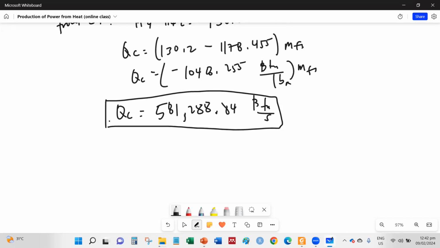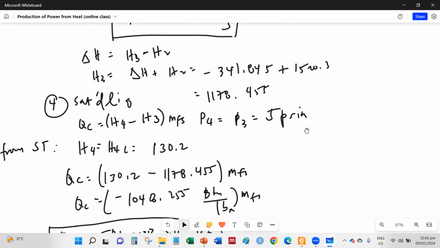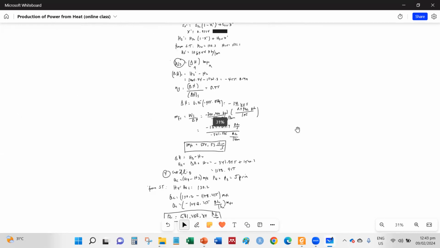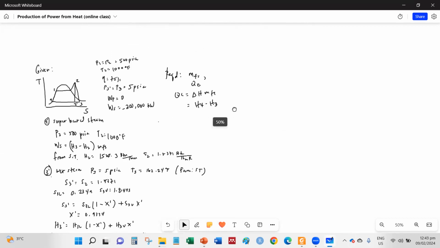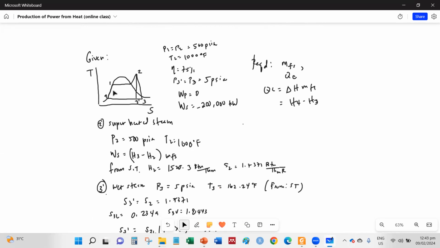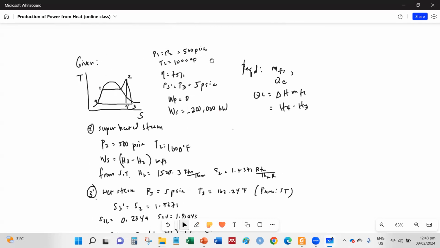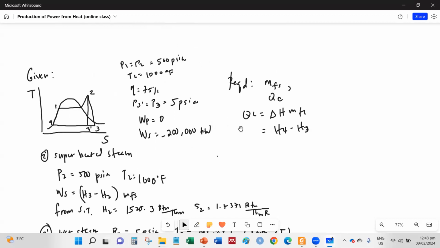I can't ask if you have questions, just post them on our Google Classroom. Okay, so to recap our problem, ayan, we began by drawing the TS diagram, and at each point, we try to identify what's given in the problem.